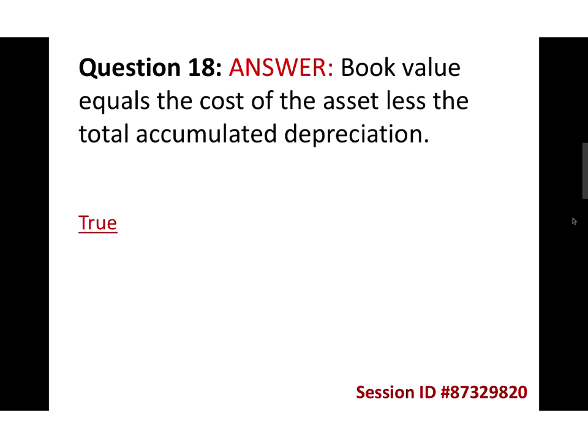That is true. I do want to say something: you don't even need the word total. Total is kind of redundant in that sentence. The book value is always our original cost less the accumulated depreciation. Total just emphasizes that accumulated depreciation is a running total.